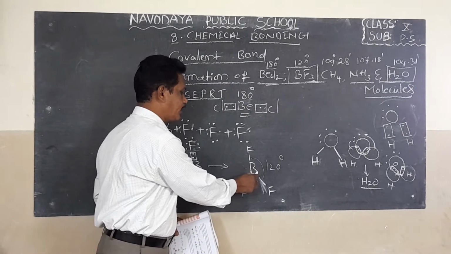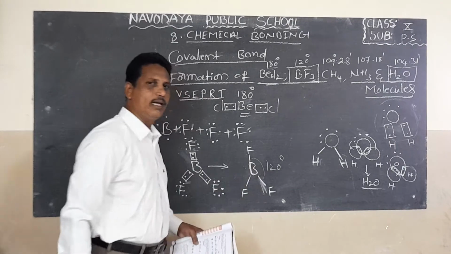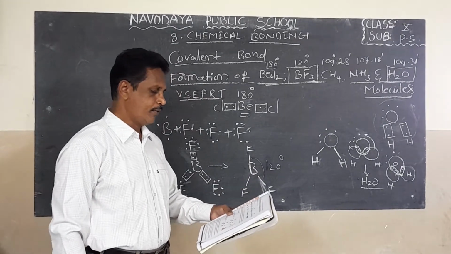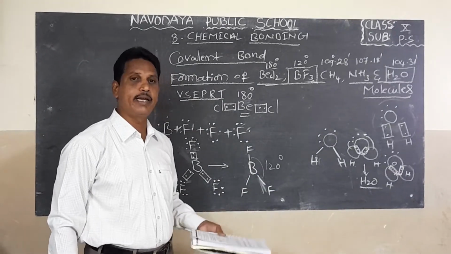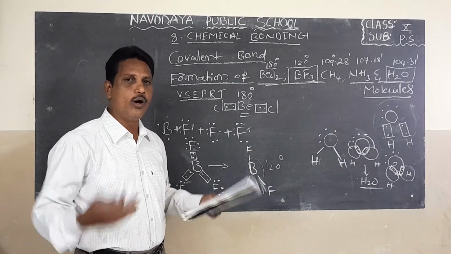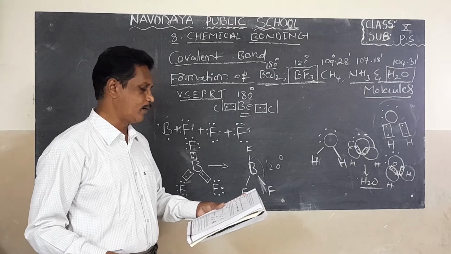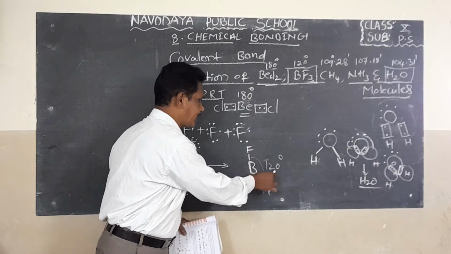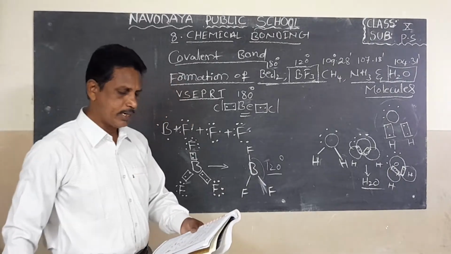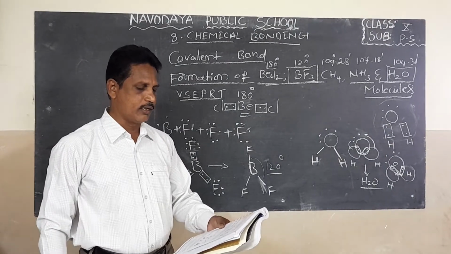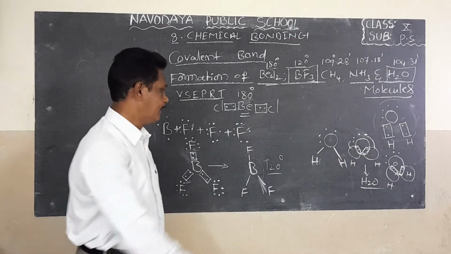Boron is the central atom without any lone pairs. Without any lone pairs, they get separated by 120 degrees along the 3 corners of a triangle.